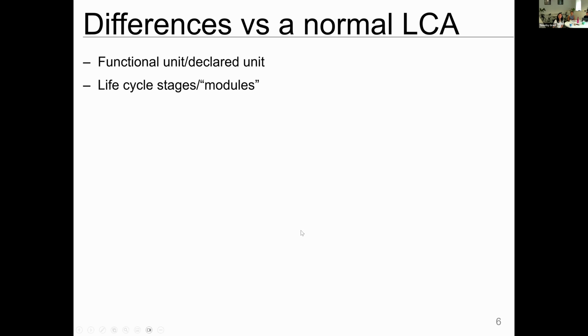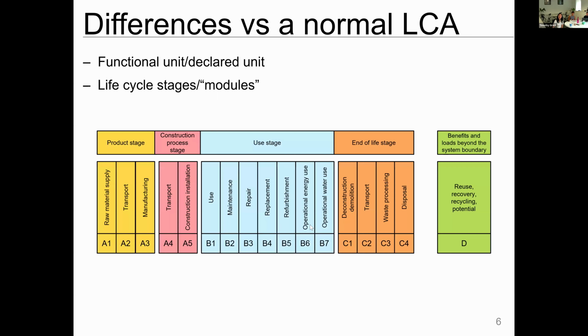The next thing is the life cycle stages in an EPD. For construction EPDs specifically, they're usually split into modules, and they're shown here. So the modules A1, A2, A3, all these letters here, they dictate specific categories that you have to sort your, I guess, unit processes into.